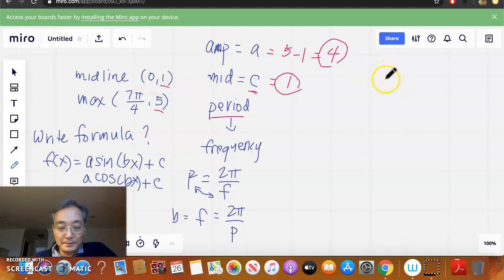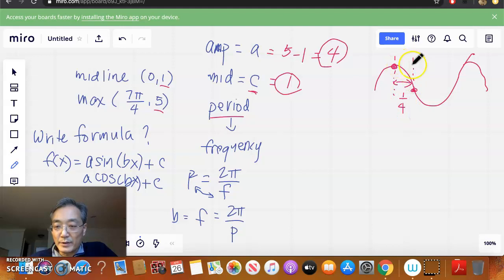If you remember, if I were to draw the max value here, I'll draw it like this, we know that from the max point to the midline, this distance is 1/4 of the entire period.